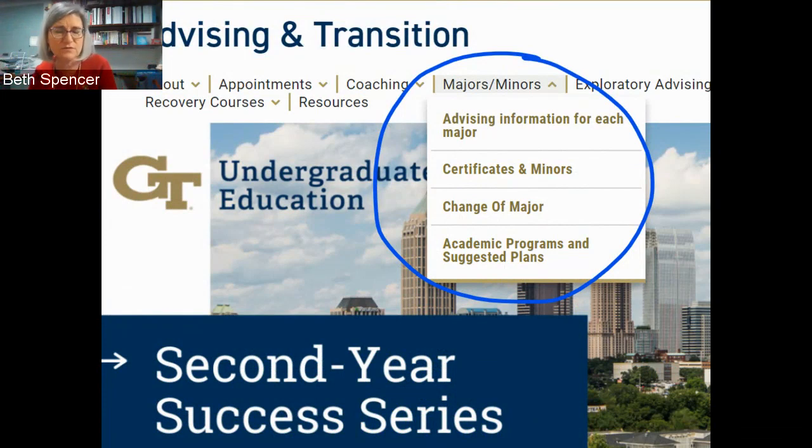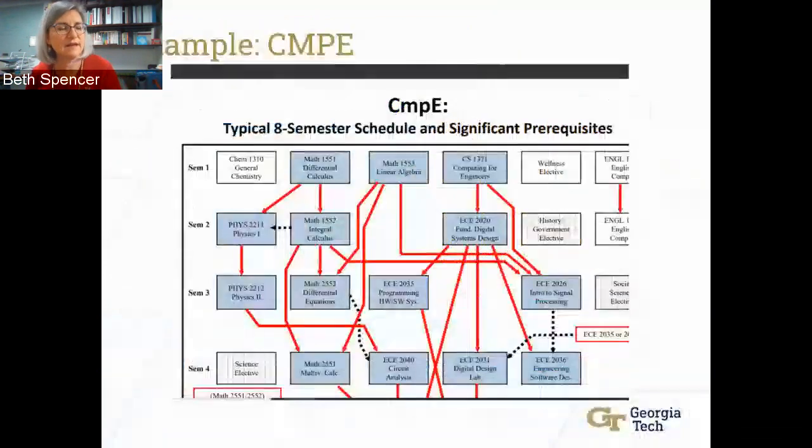So sometimes transfer students do make a change, but if so, you want to do it really carefully because it may add significant time to your degree path. And as a transfer student, you always have to be really mindful of your financial aid eligibility. But if you are interested in changing a major, maybe adding a second major or adding minors and certificates to make the major you have the experience you want, we do have an advisor who can help you with that, and there's information under that link. You can go to the next slide.